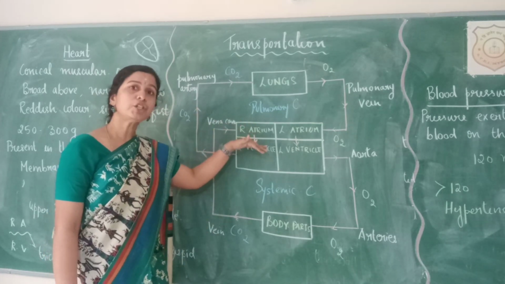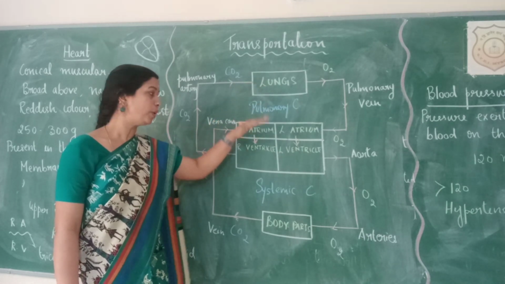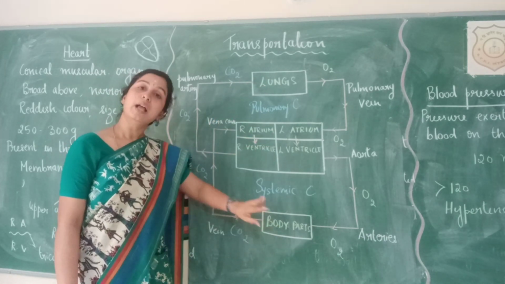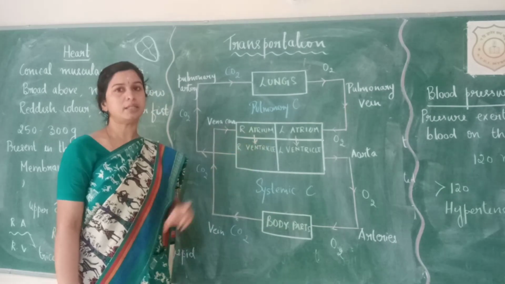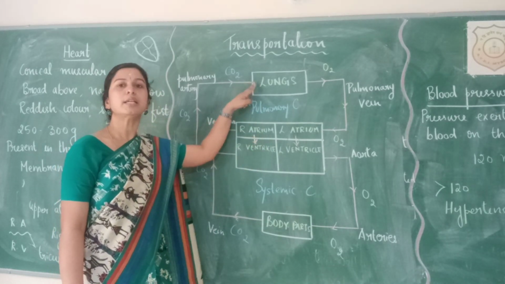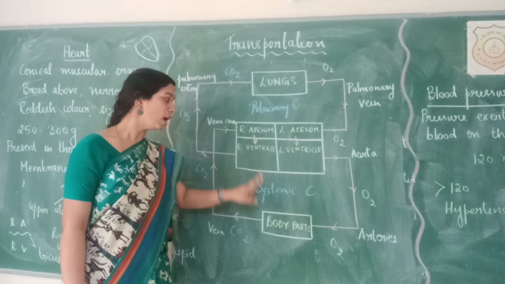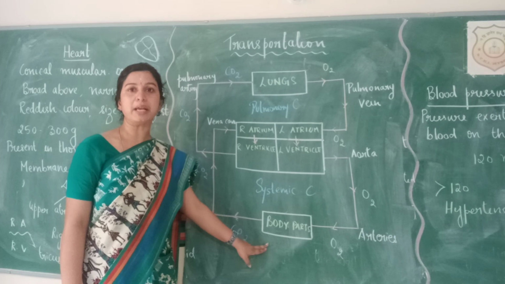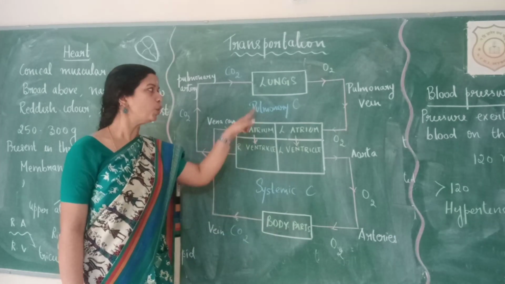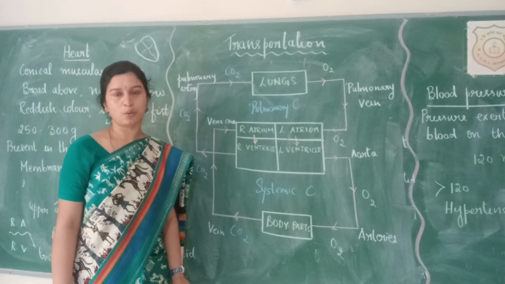Or, circulation happens between the heart and lungs, and circulation happens between the heart and body parts. That way also it is termed double circulation. Circulation between the heart and lungs is termed pulmonary circulation, and circulation between the heart and different body parts is termed systemic circulation. Together, pulmonary and systemic circulation are termed double circulation.